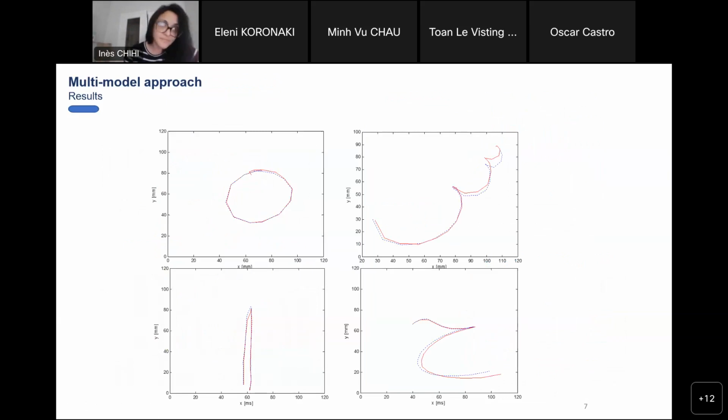So here are some results for the multimodal approach. I chose different kinds of shapes. The circle is not very easy because we use different muscles for the circle movement, from down to up and then up to down.